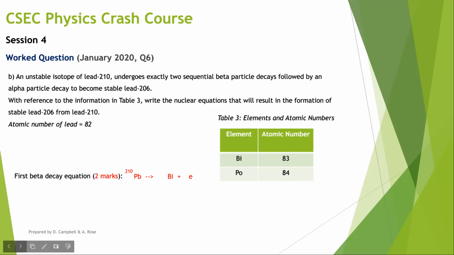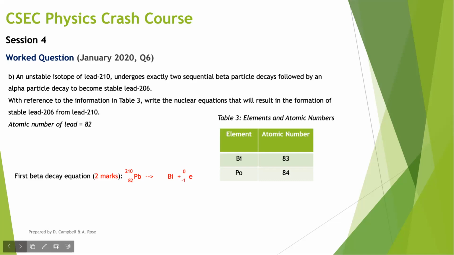The mass number of lead here is 210 and the atomic number is 82, so that's the bottom number. When that isotope decays, it emits a beta particle, which is a high-speed electron.